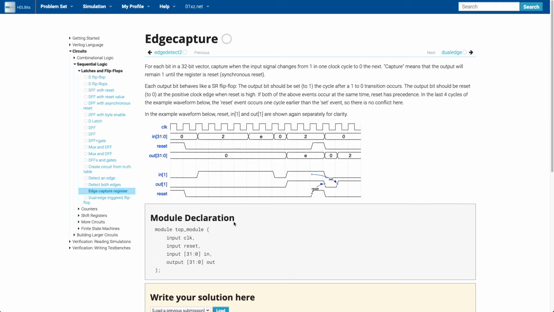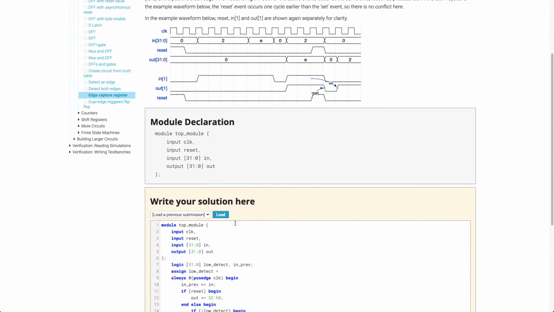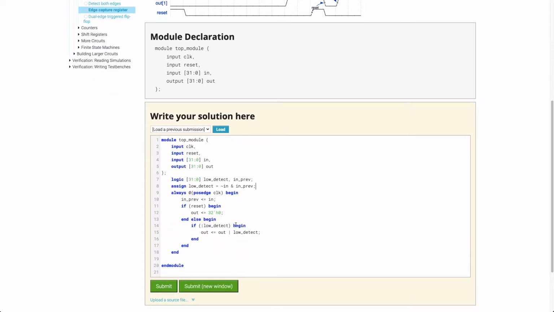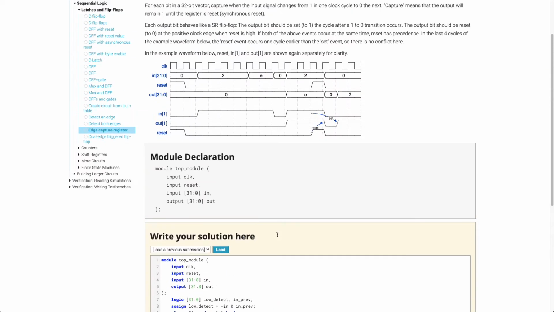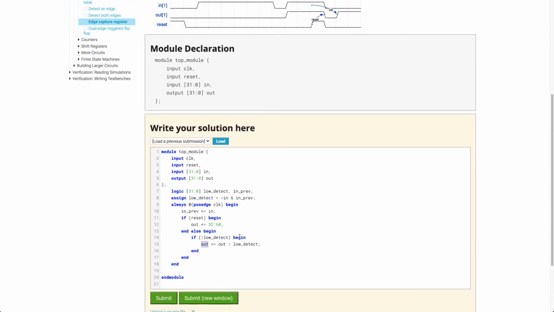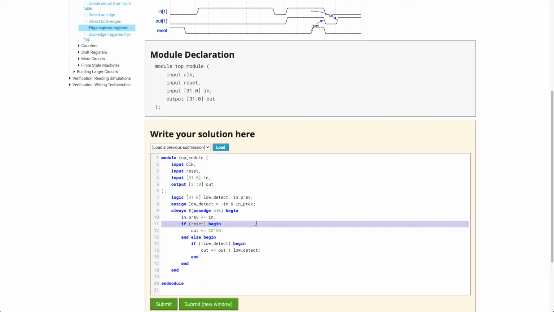Low detect is when we go from 1 to 0, so this will have a current cycle snapshot when we go from 1 to 0. This says, hey, did we detect anything? If we did, go ahead and accumulate whatever snapshot in this cycle and then make it sticky into the out, but then the out is reset to 0 when reset happens.